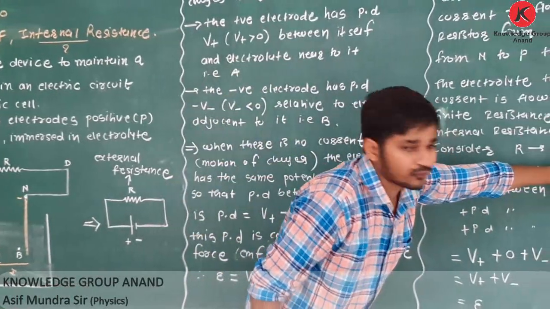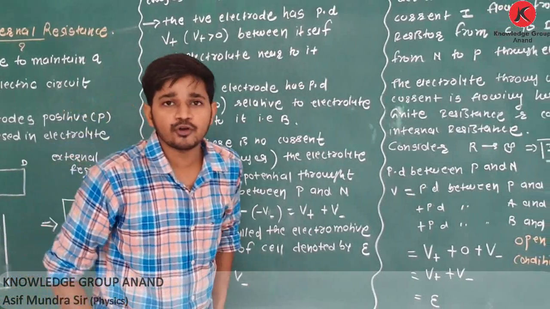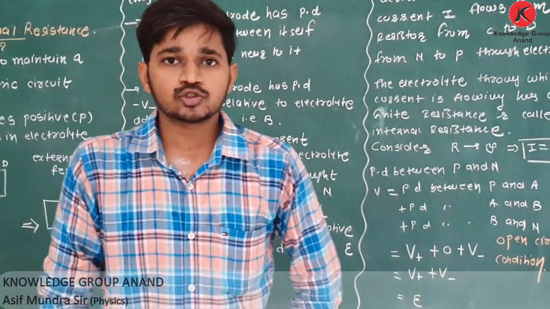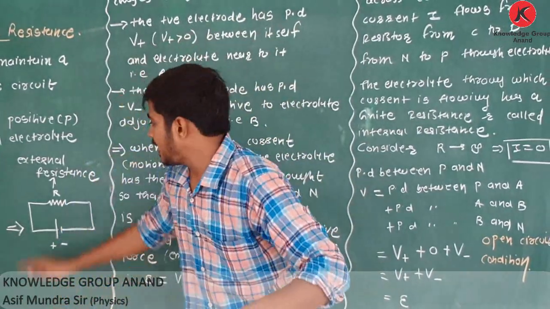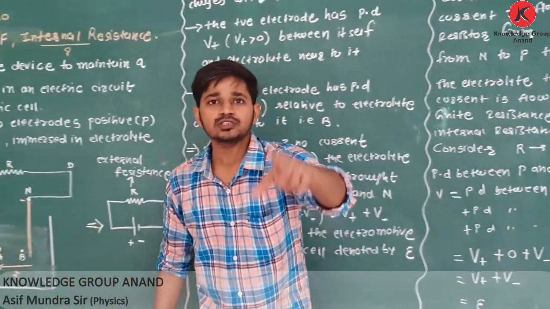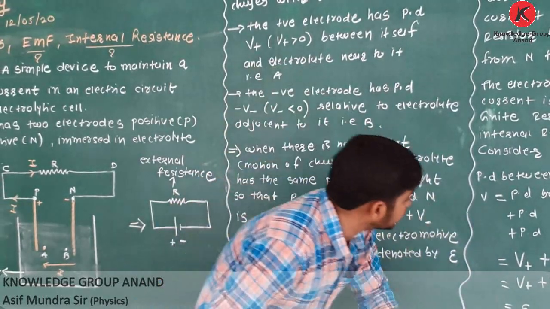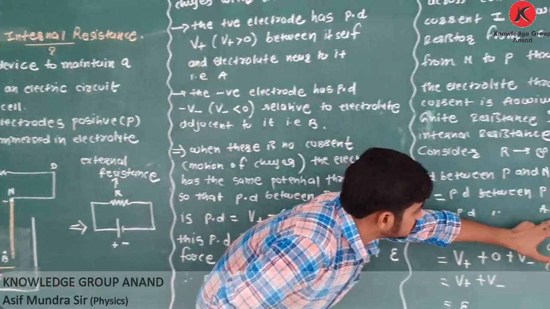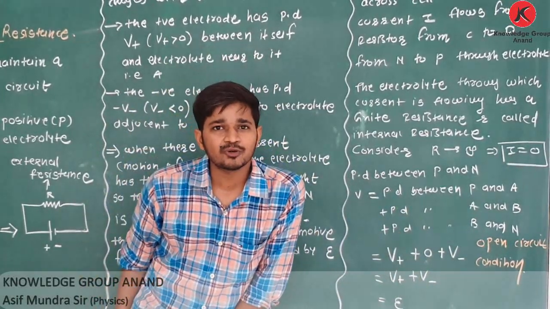When current is not flowing, potential is constant throughout the electrolyte. So A and B have the same potential, and the potential difference between them is 0. Clear about this?